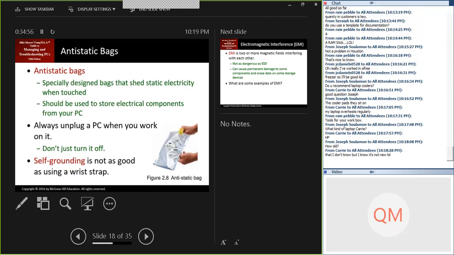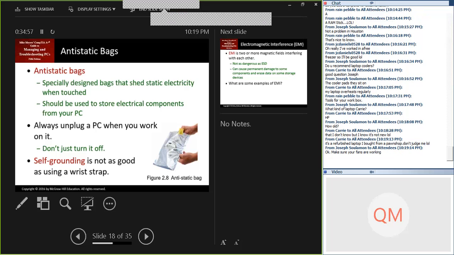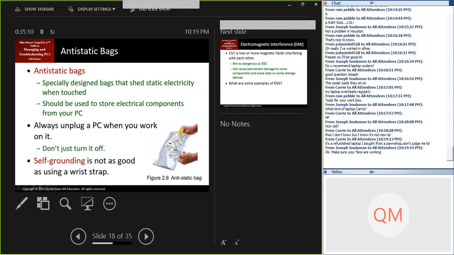That's discharging the saved power that was in there. So you want to make sure that you do that, because you don't want that little bit of power to cause any type of problems for you. So always unplug. I don't know what person wants to try to work on a PC while it's plugged up. Not me. And self-grounding is not as good as using the wrist strap.